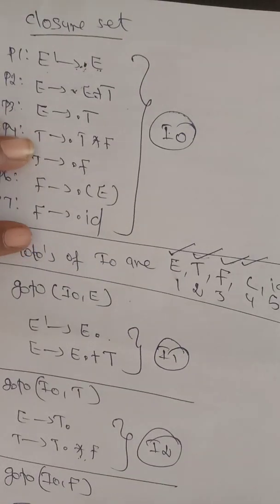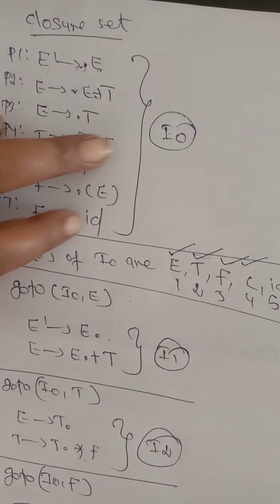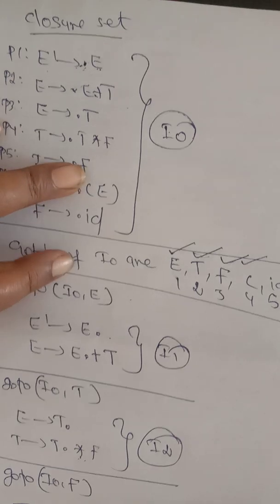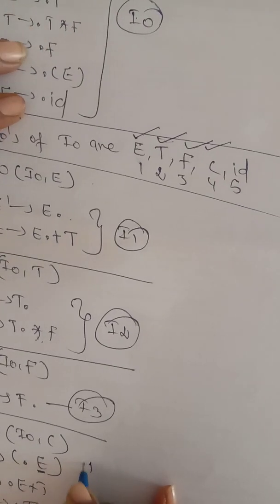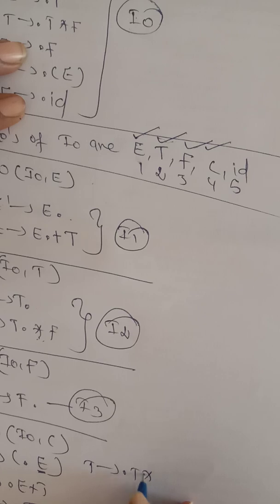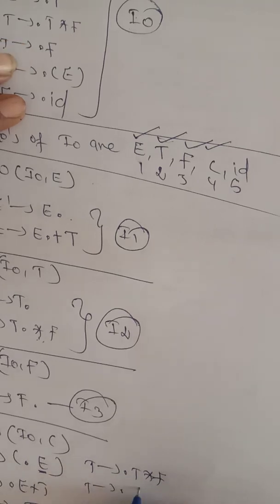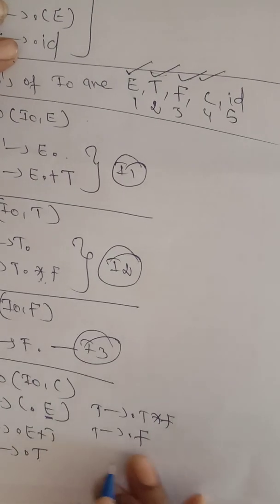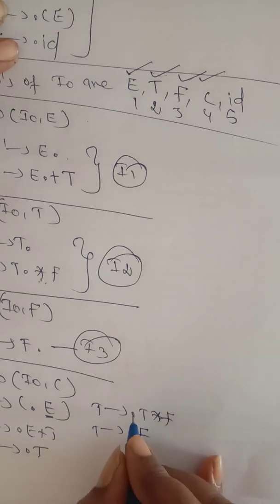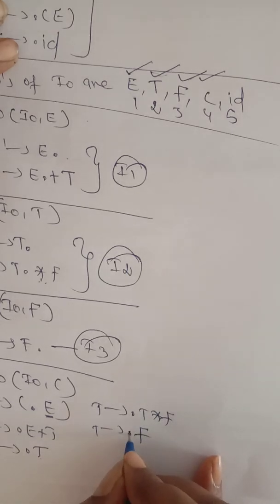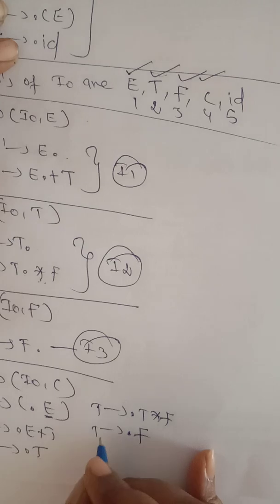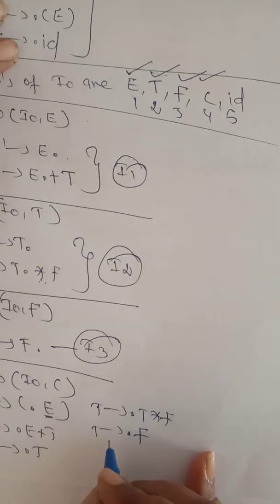What are the T productions from I0? T → dot T star F, T → dot F. So write those productions here: T → dot T star F, T → dot F. We copied them. Next check what comes after dot in the T productions. Here we are having T, already copied.